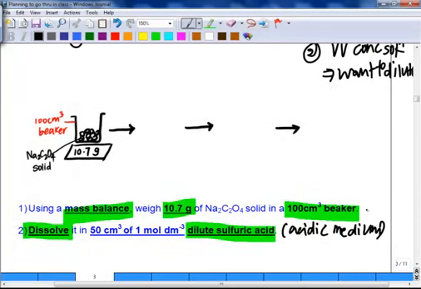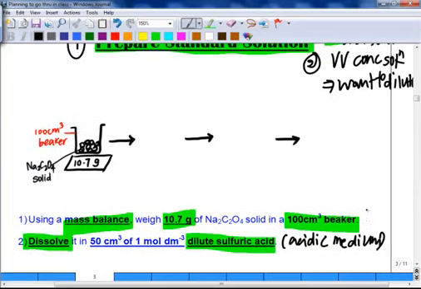Okay, class. There's one thing I want all of you to take note. If you are using KMnO4, but you don't have an acidic medium, what will happen? What will you form? Add on to this part. If the medium is not acidic enough, what will be formed?